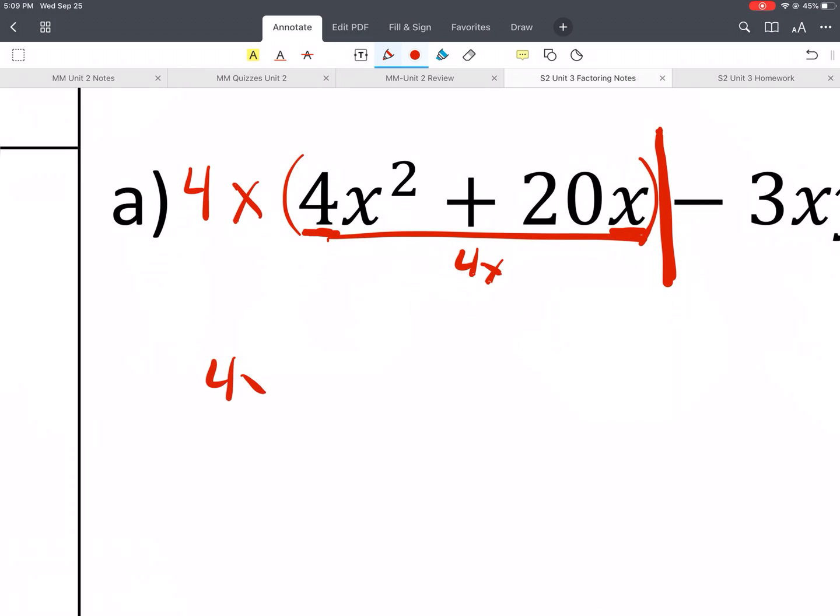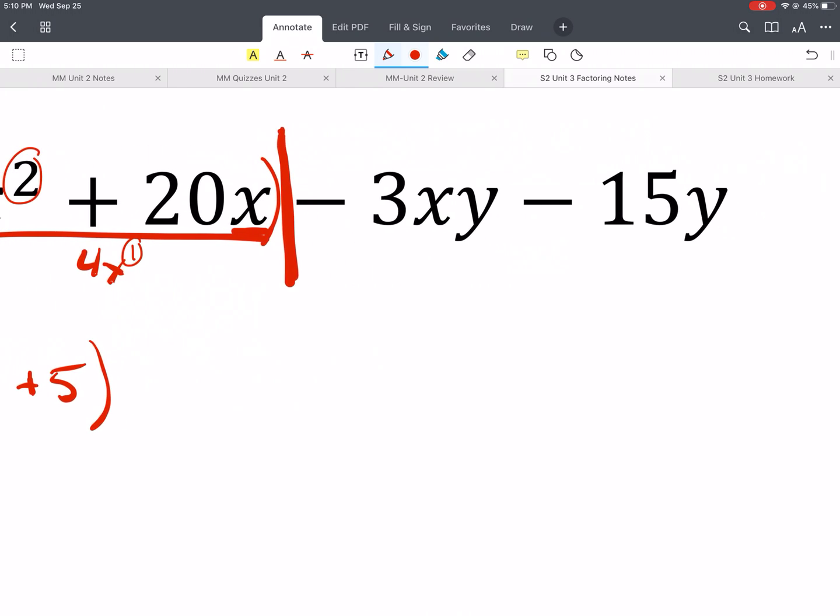So we'd have 4x, and then in our parenthesis, well, 4 divided by 4 is 1, and x divided by 1 gives us an x, and then 20 divided by 4 gives us 5, and then x divided by x is just 1. All right, so we did the left side, let's do the right side.